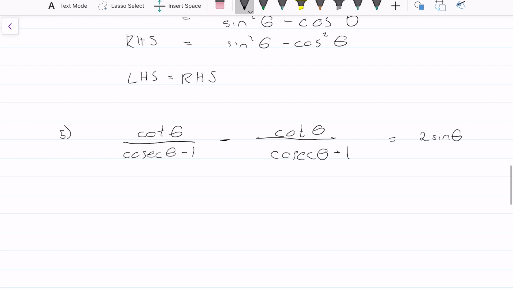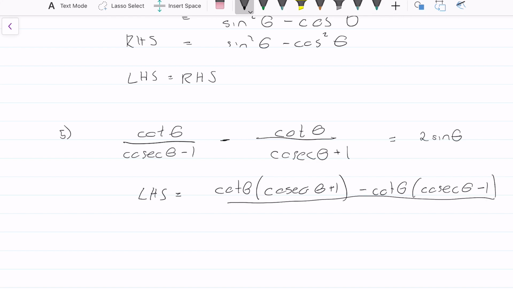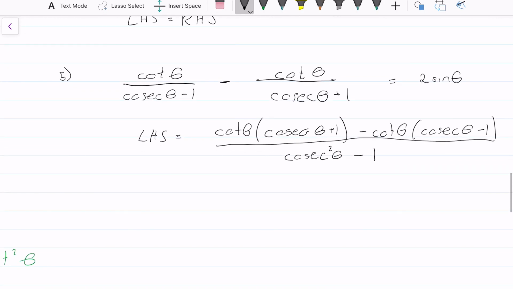Let's start by getting the lowest common denominator. So the left hand side, I'm not going to write it out because it's a bit long, but we have cot theta times cosec theta plus 1 minus cot theta times cosec theta minus 1, all over cosec theta squared minus 1. I got the cosec theta squared minus 1 by multiplying the denominators by each other.